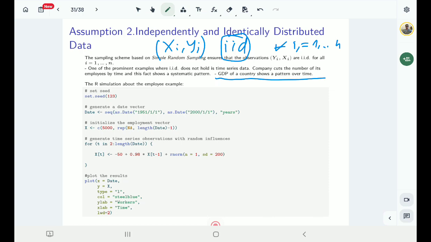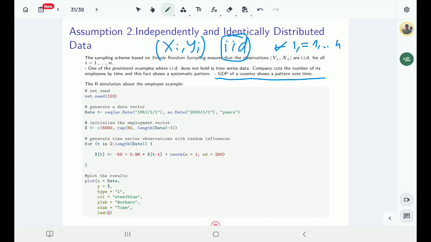Or think of another example that is given in the book. There are structural shifts in the economy, and the company wants to cope with the changes in the economy, and it starts to fire its employees. Obviously, these dismissals will follow some kind of pattern over time.